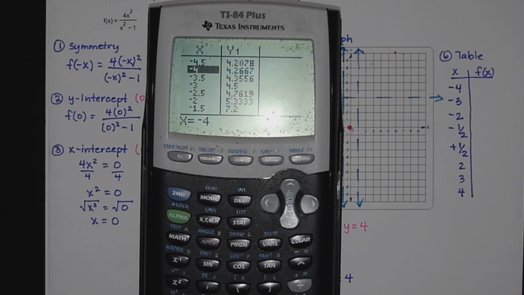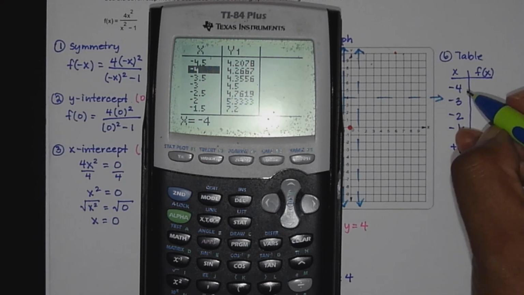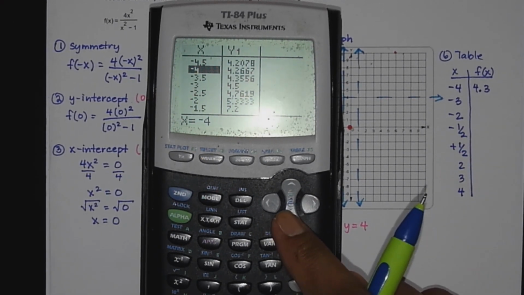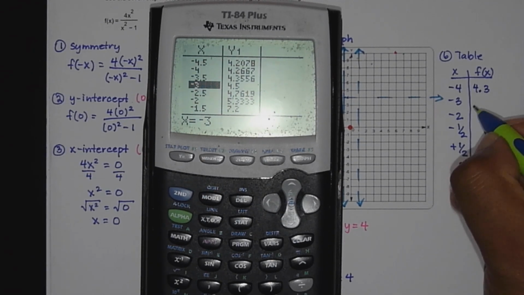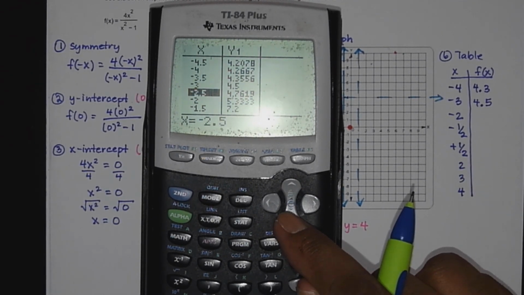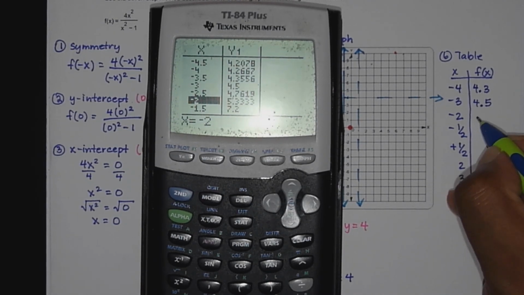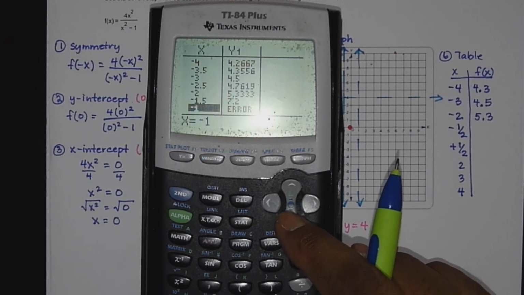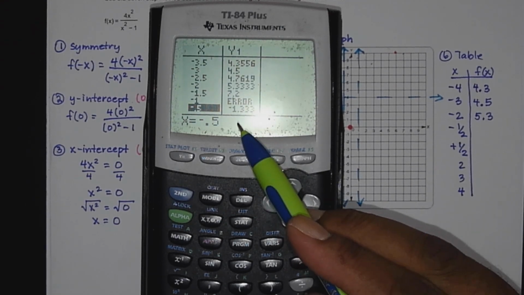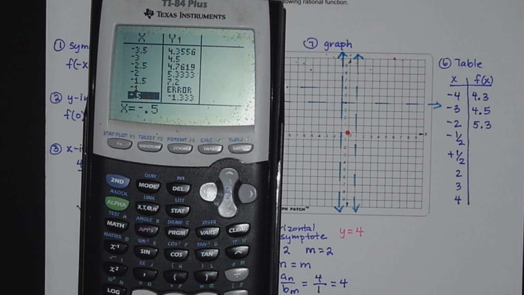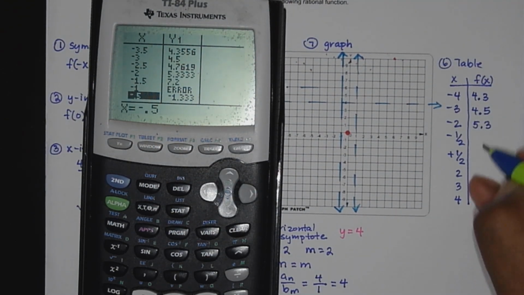Like for -4 to one decimal place, that would be approximately 4.3. Then for -3, it'll be 4.5. Then for -2, that'd be approximately 5.3. Now for -1/2, that's -0.5, which is right here. That value there is approximately -1.3.